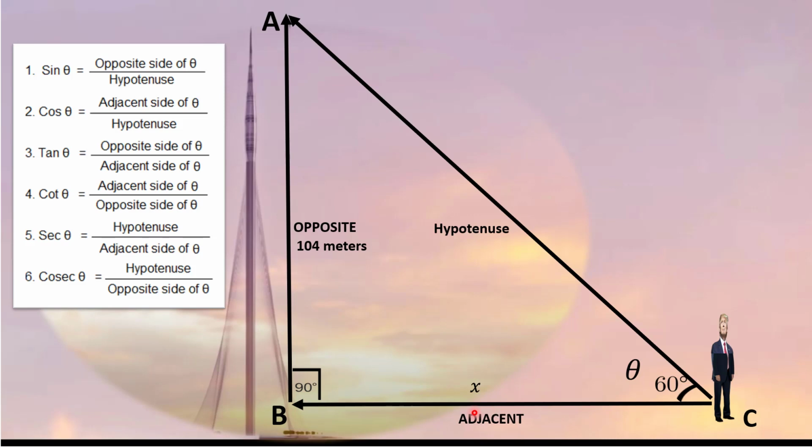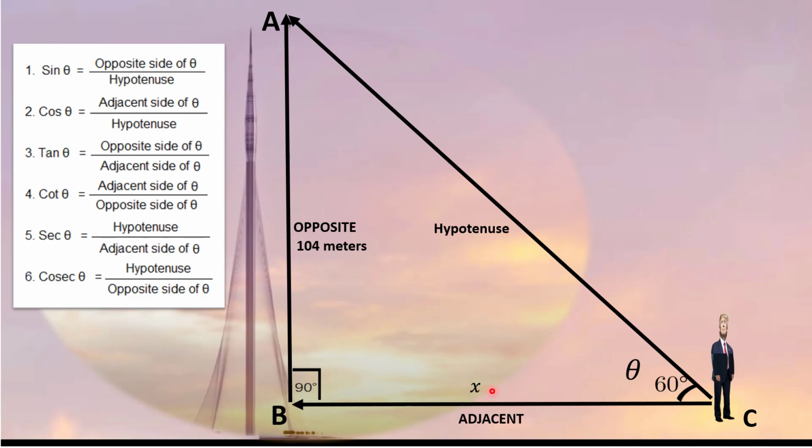This distance is nothing but the adjacent or the base of the right triangle. Thus, in this case, the unknown side is the adjacent. We assume the adjacent to be x.